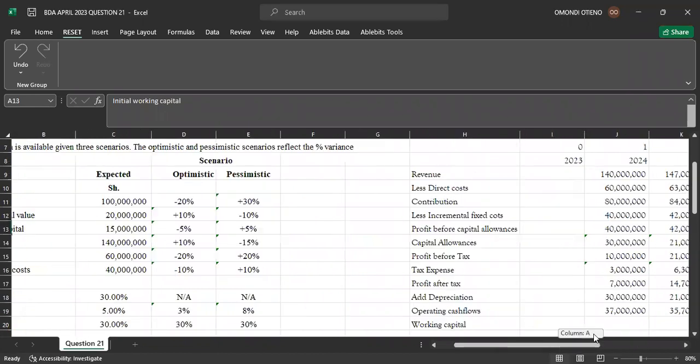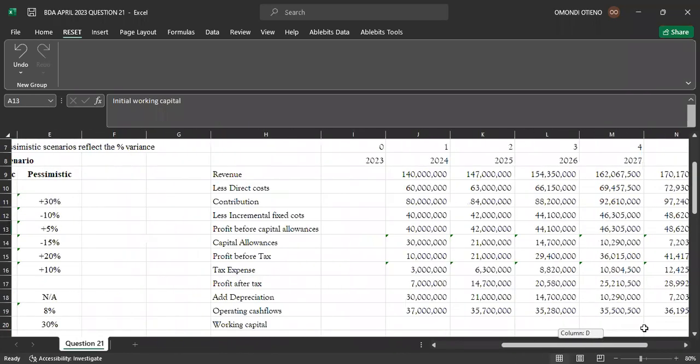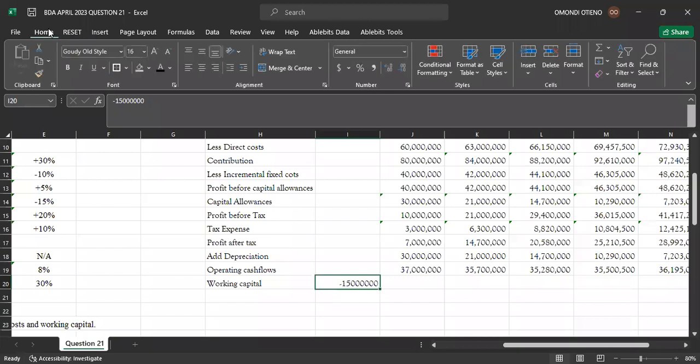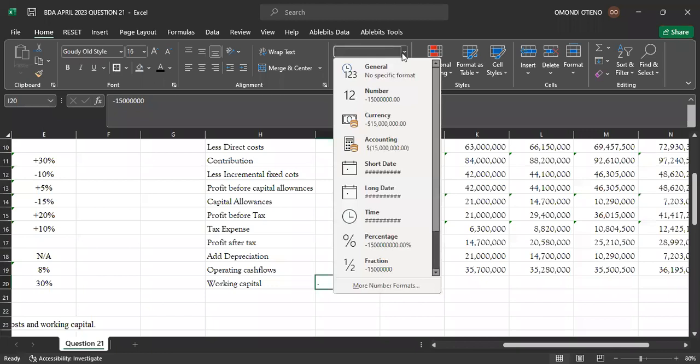We are going to have 15 million. The 15 million we are being told there is a negative because it is in period 0. Let me just make it negative so that somebody can see it clearly.